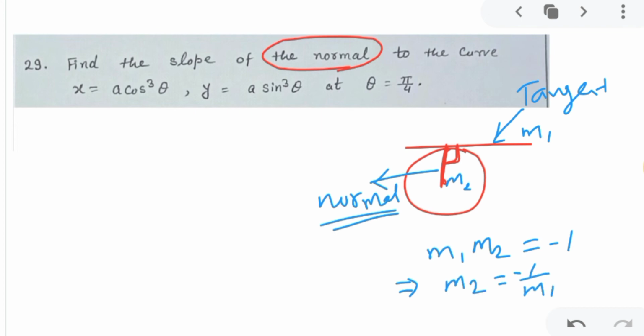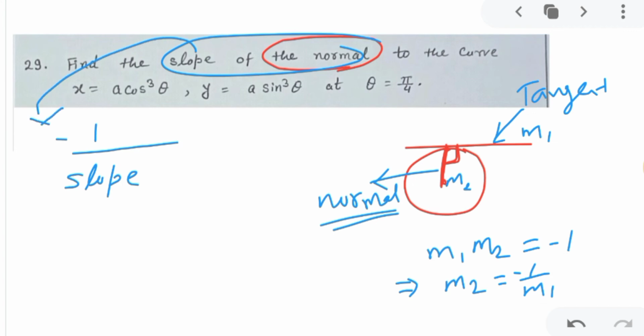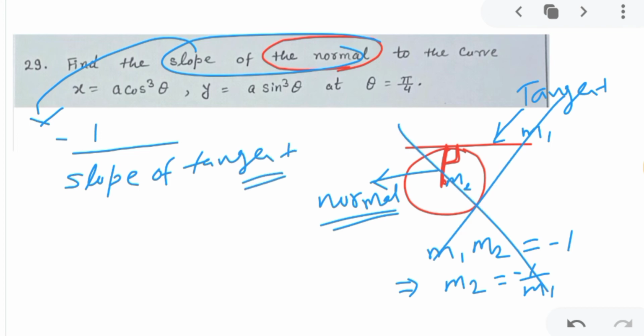Ultimately we will find the slope of tangent, m1, and the slope of normal will be minus 1 divided by the slope of tangent. Okay, so you can remember this as a formula also. If you don't want to remember all these things, just remember that the slope of normal will be minus 1 upon the slope of tangent.